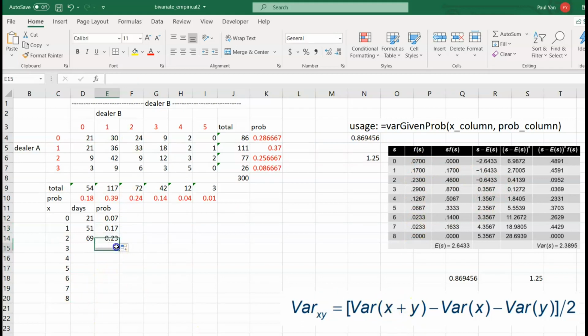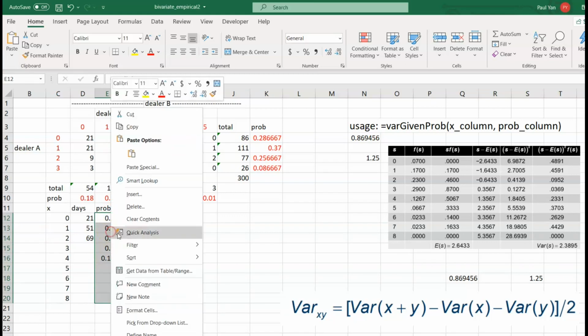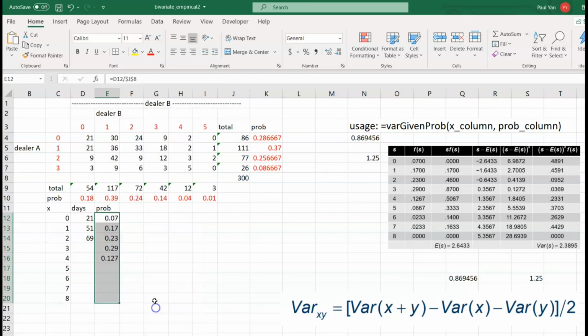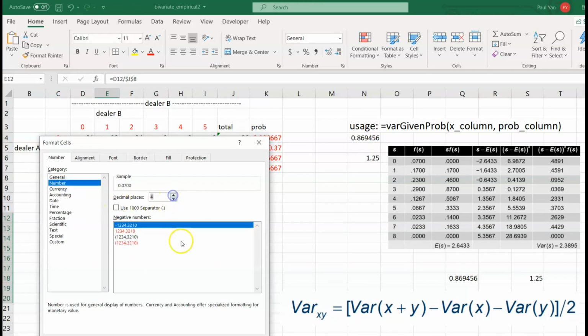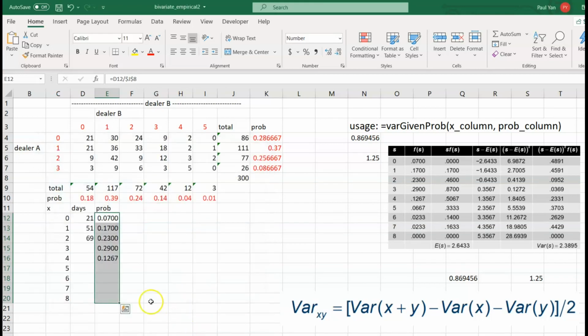Okay, so this is 0.23, then 0.29, then 0.1267. Let me format the cell number to give 4 decimal places.